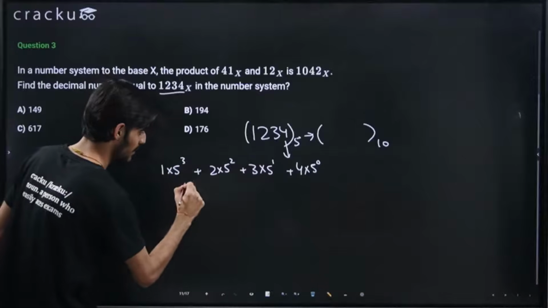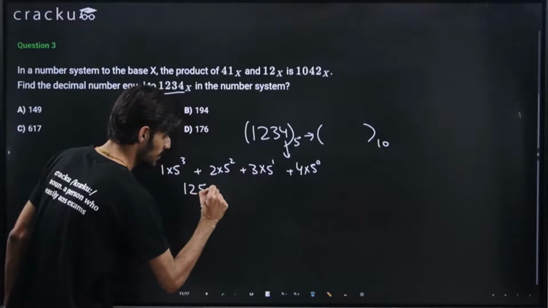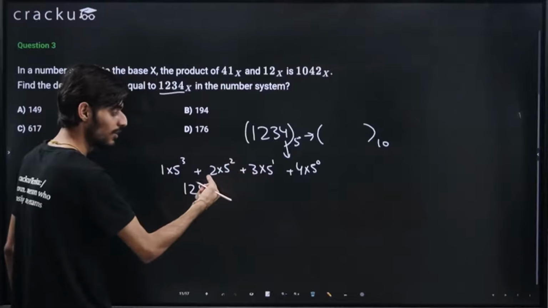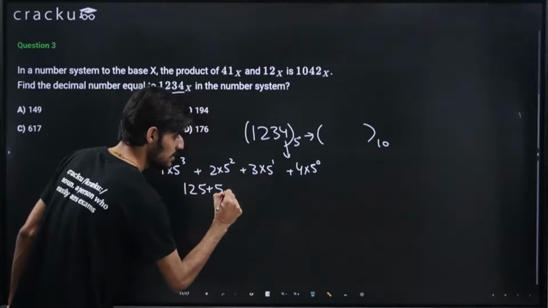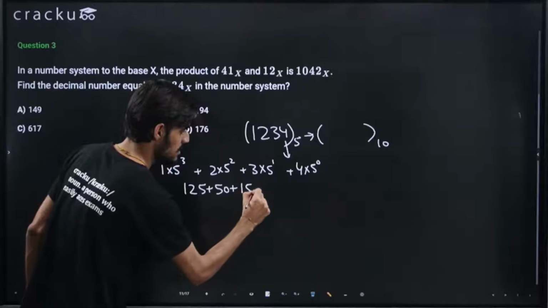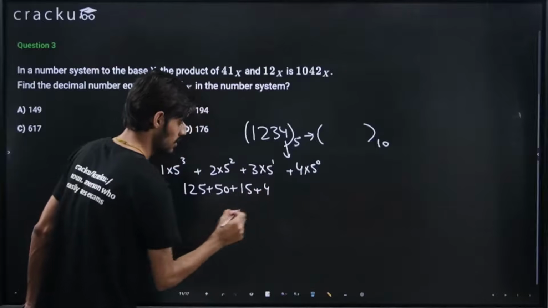Okay, so this will be 125. 5 cube is 125 plus 5 square, 5 raised to power 2, is 25. 25 into 2 is 50. 5 into 3 is 15, and this is 4. 5 raised to power 0 is 1, so it is 4.